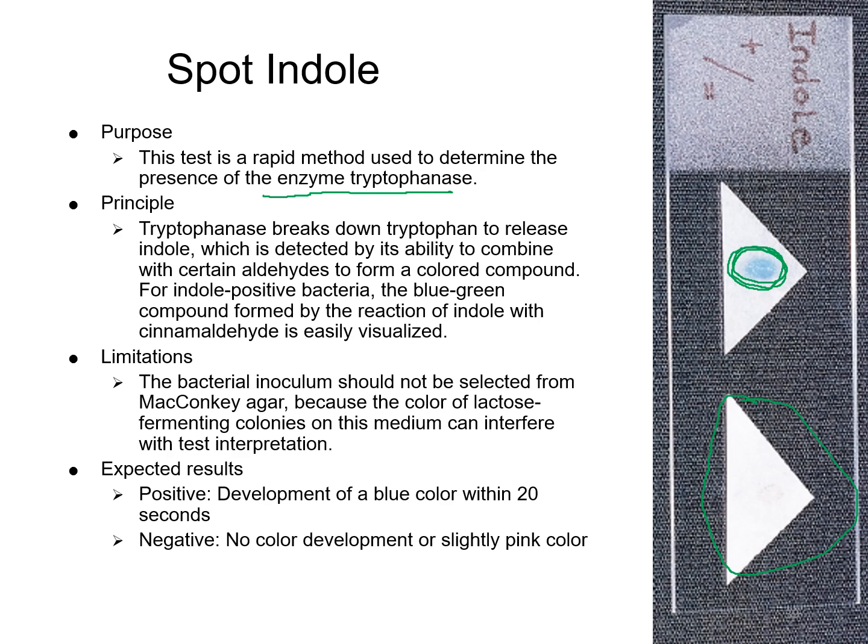And then if it's positive, we get that blue reaction. And if it's negative, you have no reaction. And again, sometimes like some of our other tests that we've discussed before, you can see a little bit of an outline of that organism, and that's okay, but it didn't turn positive.